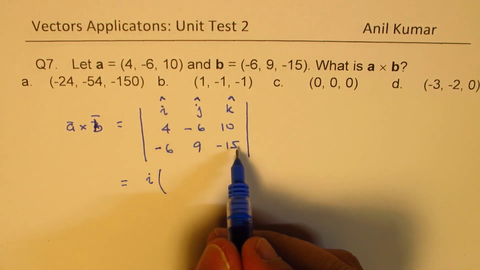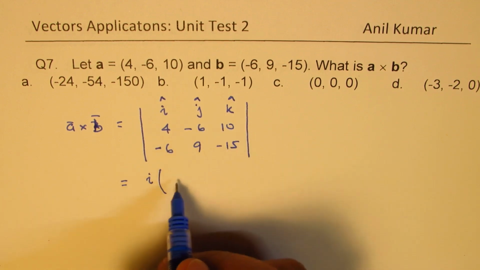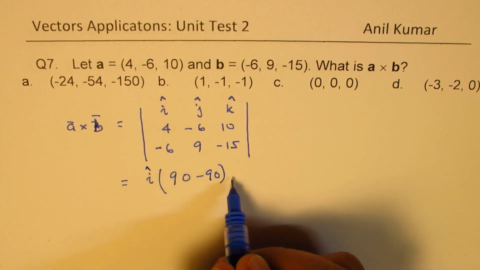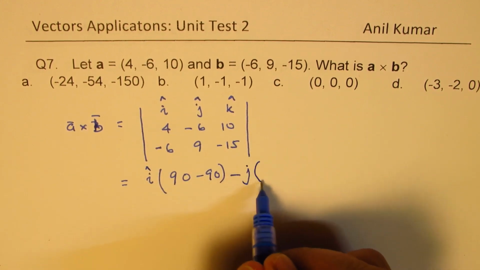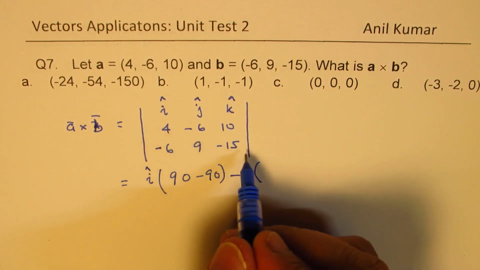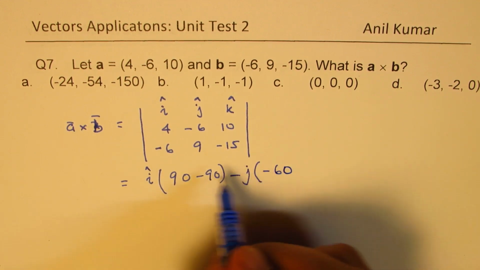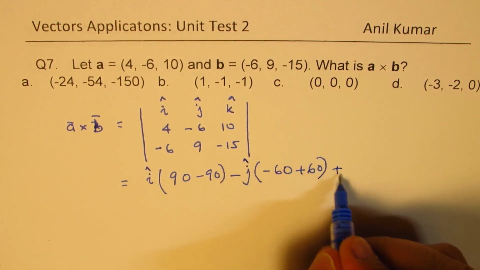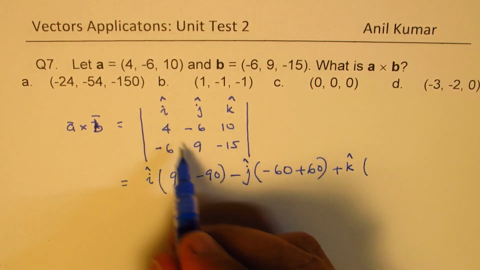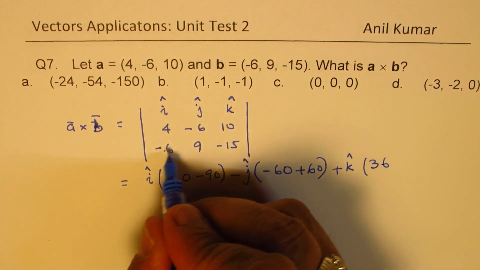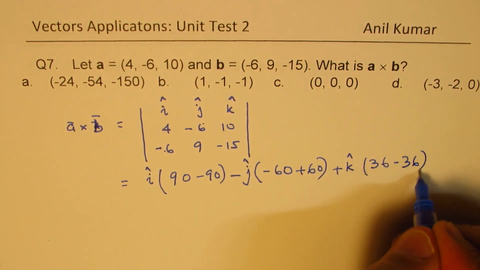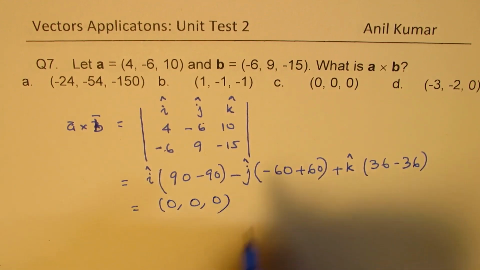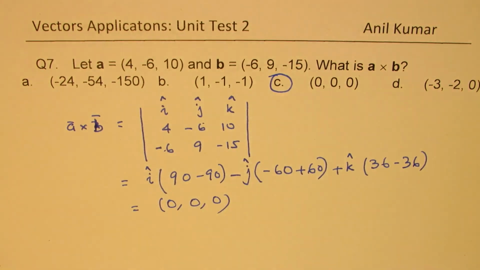So 6 times 15, 6 times 5 is 30, that is 90, minus 90, okay? Minus j times these components, 4 times, that is 60 with a negative sign, and that negative makes it positive 60, plus k, 9 times 4 is 36, minus this, which is also 36. So clearly we get (0, 0, 0). So option C is the right option.